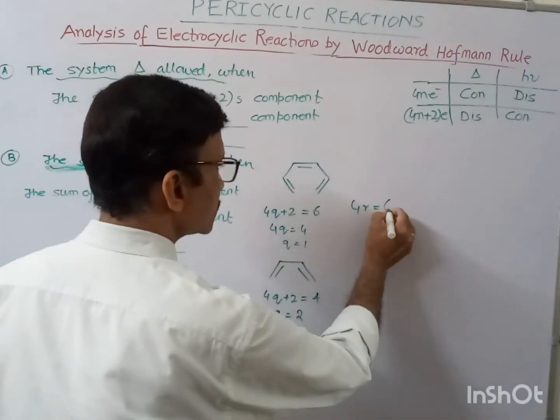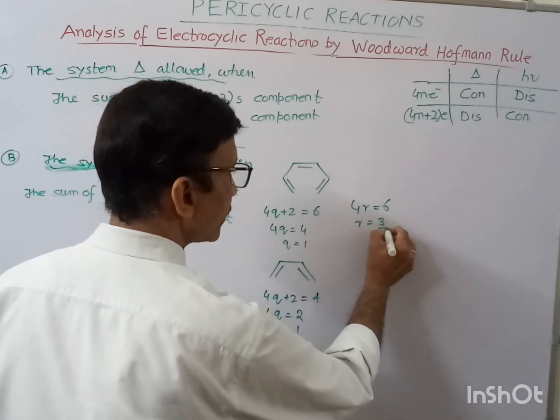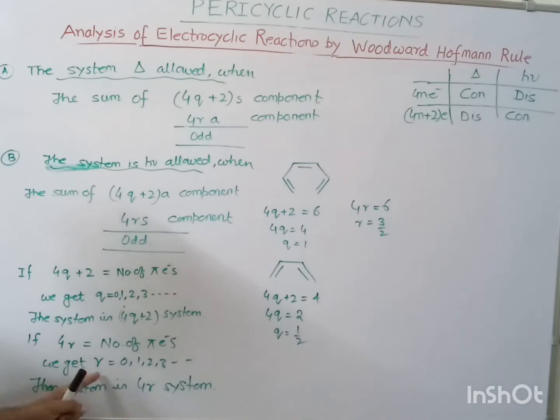For hexatriene, the number of pi electrons is 6, so what is the value of r? It is 3 by 2. So r is not equal to 0, 1, 2, 3. That's why it is not a 4r system.